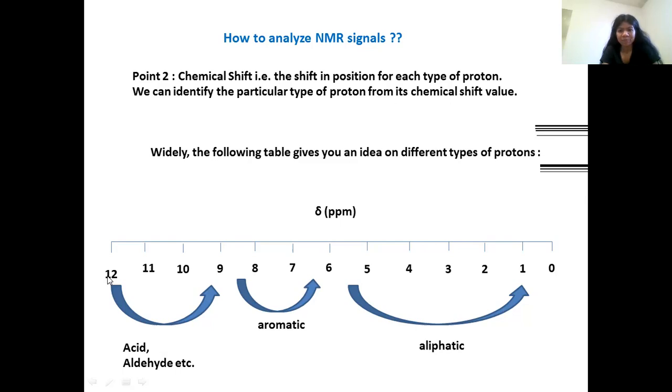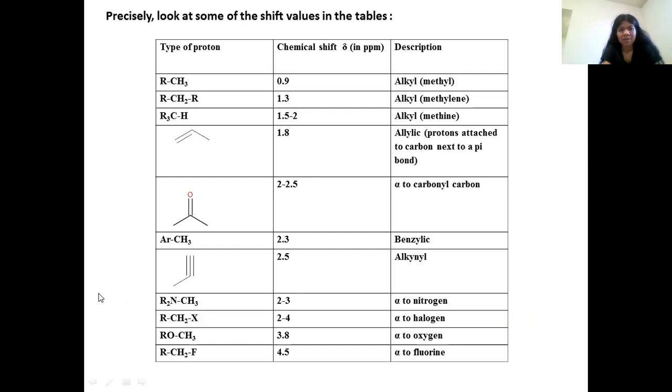From about 1.5 to 5.5 are characteristic of aliphatic protons. From 6 to about 9 will be aromatic protons, and from 9 to 12, 13, 14 can be acid, aldehyde, etc.